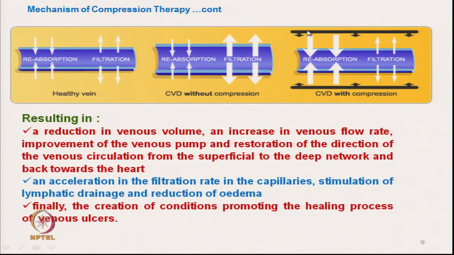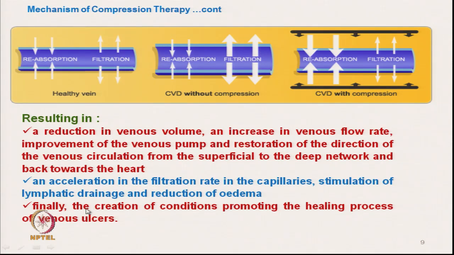So, from these tissues the fluid will go back to the heart properly, with acceleration in the filtration rate in the capillaries, stimulation of lymphatic drainage and reduction in oedema. So, that will reduce the occurrence of oedema.